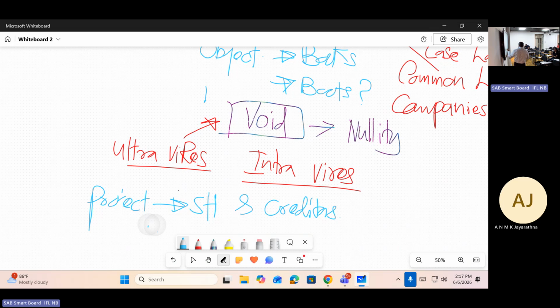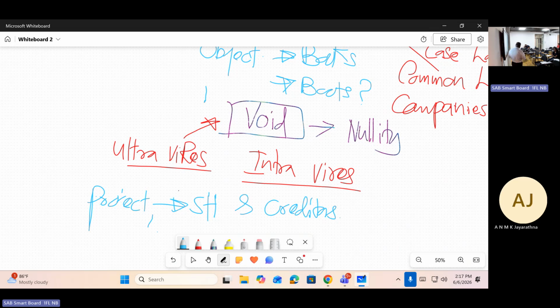That is the real necessity for these shareholders and creditors, because of which the court protected them here. These transactions are going beyond the objects. It is an ultra vires transaction.